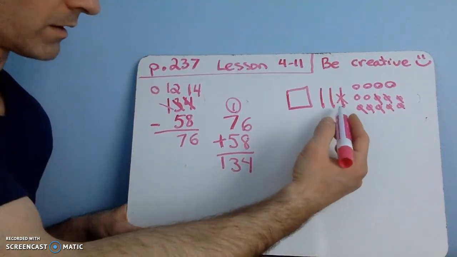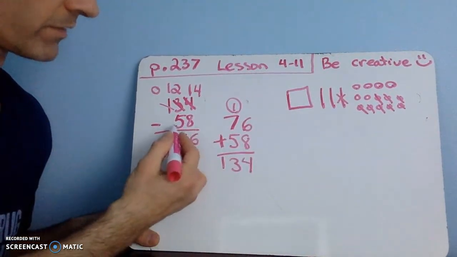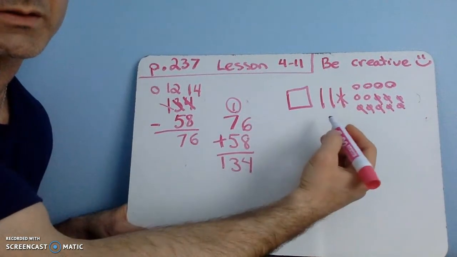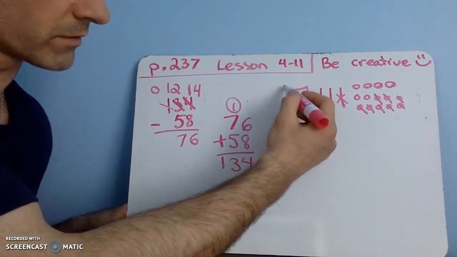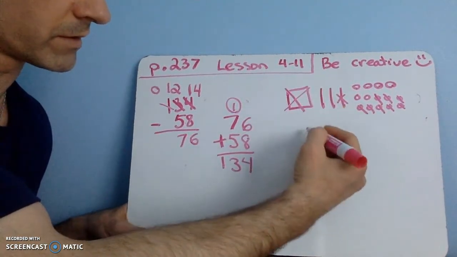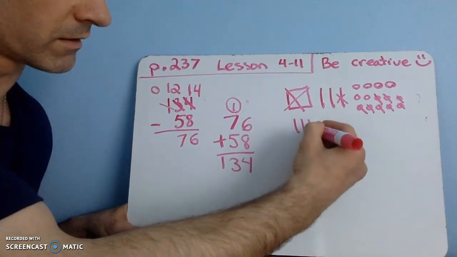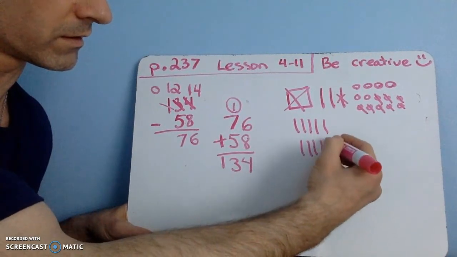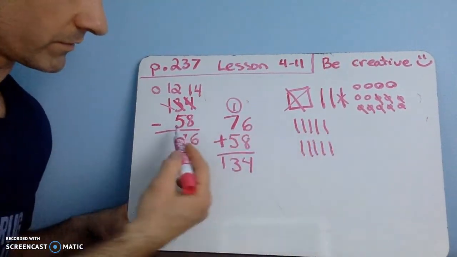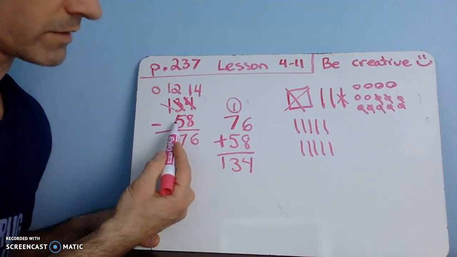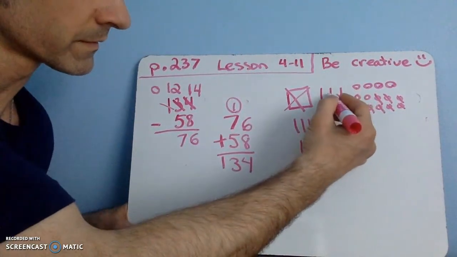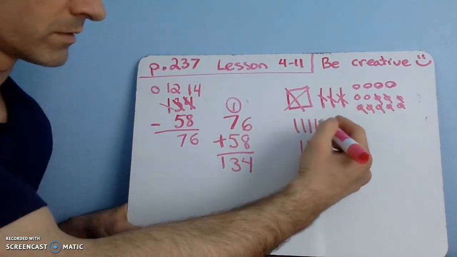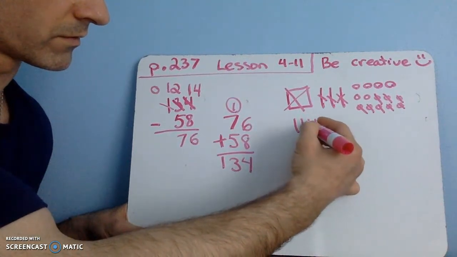Great. All right, so now we have to take away the 5 tens. Well, we only have 2 here, so what do we do? Oh, yeah, that's right. You guys are right. There's tens inside of this 100. How many tens? 10. And now, do we have enough tens to take away those 5 tens? We sure do. 1, 2, 3, 4, 5.